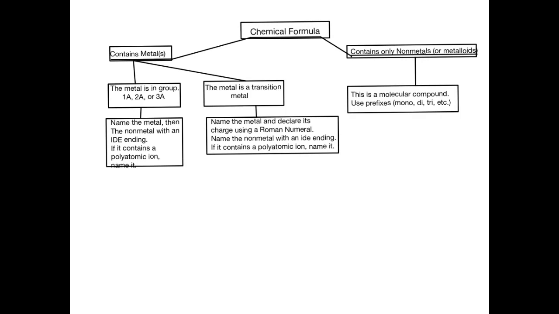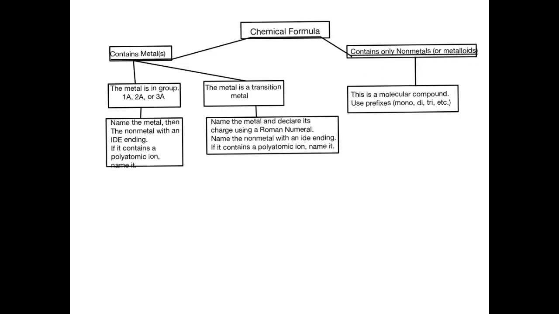The part that gets hard, especially for first year chemistry students, is writing formulas and naming formulas for both ionic and molecular compounds, because you have to follow different rules for those different kinds of compounds. So what I've done here, guys, is I put together a flow chart where you start with all chemical formulas, and then you distinguish between ionic compounds and molecular compounds.